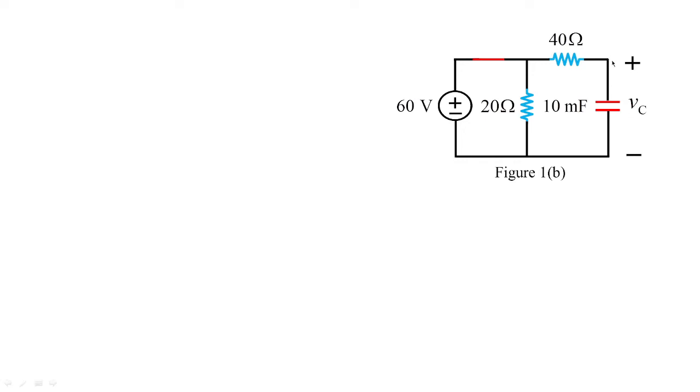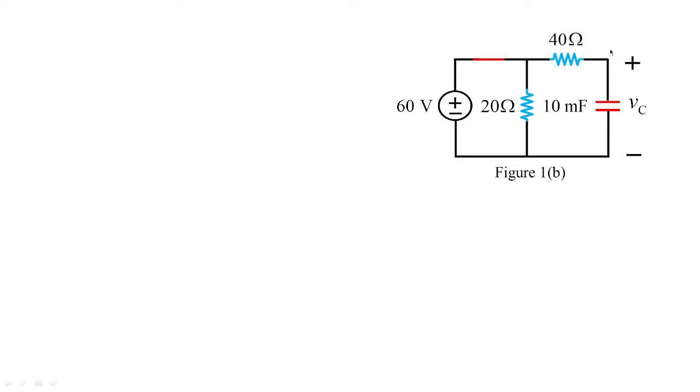Algebraic sum of the currents at a particular node is equal to 0. So what is the current which is flowing on the left side of the circuit? You have 60 volts, you have 40 ohms, and you have VC over here. So the unknown voltage is VC, the known voltage is 60, and the difference of the known voltage and the unknown voltage is divided by 40. So this becomes one branch current.